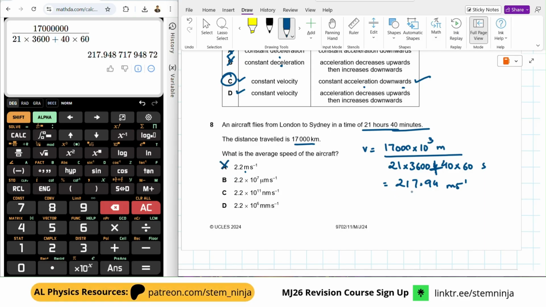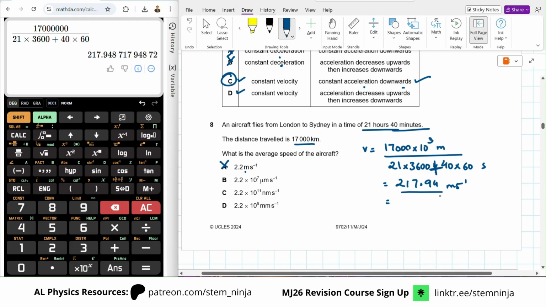Now let's see what we get when we convert it into millimeters per second, or other terms. The first thing we can do is convert it into standard form.